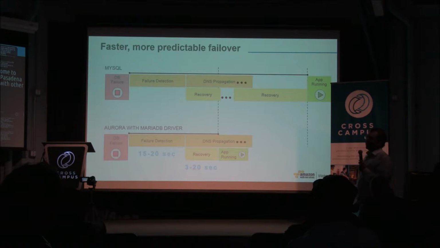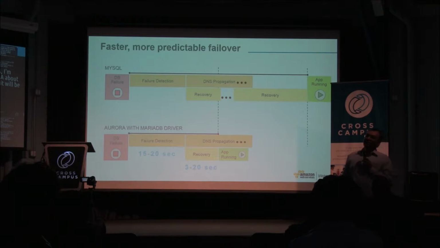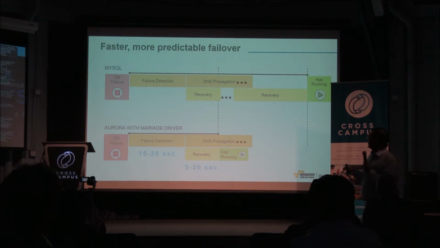Then the recovery starts, and in the case of MySQL, recovery can take a non-deterministic amount of time. It depends on where the checkpointing was done, how much of the log you need to apply, and many other things like that. And in parallel, there is a DNS propagation going on, which helps you switch the endpoint from the master that died to the new master who is now picking up.